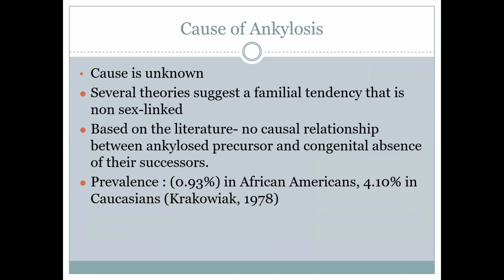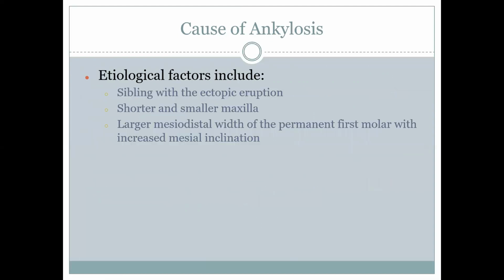There is almost 1% of prevalence seen in African Americans and greater than 4% seen in the Caucasian population. Etiologic factors that may cause ankylosis include siblings with ectopic eruption, familial, shorter and smaller maxilla, larger mesial-distal width of the permanent first molar with increased mesial inclination.